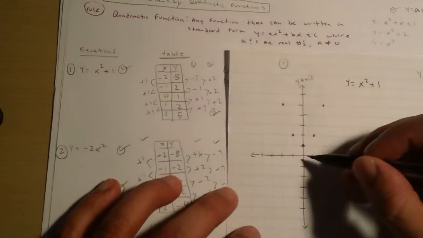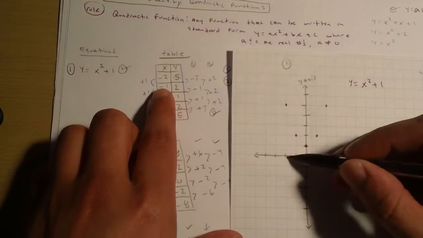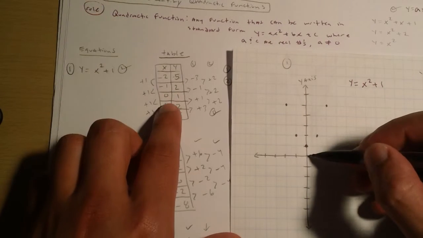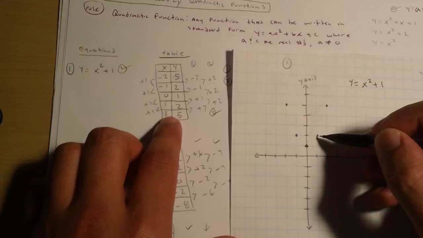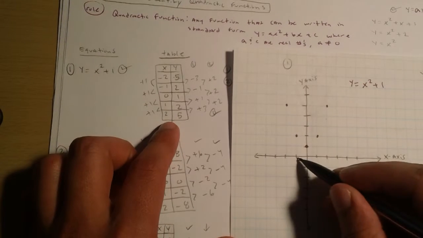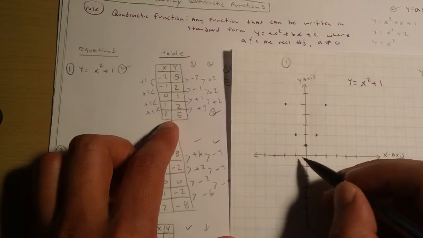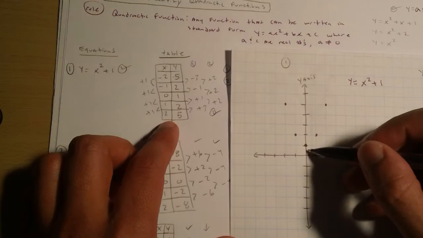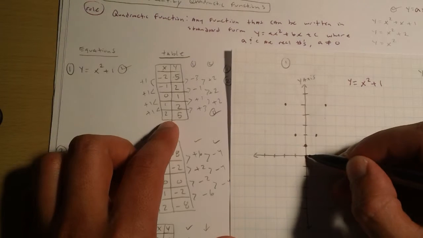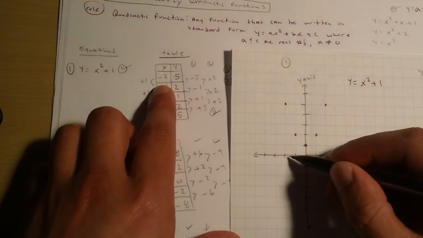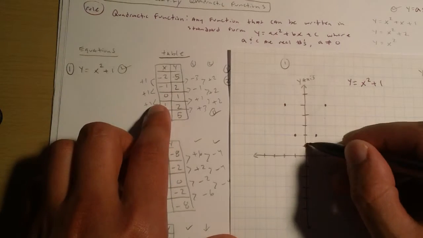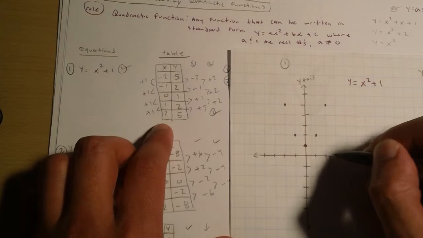So we have negative 2 and 5, negative 1 and 2, 0 and 1, 1 and 2, and 2 and 5. Each value here for our x-axis is a value of 1. Our y value should be a value of 1 also.